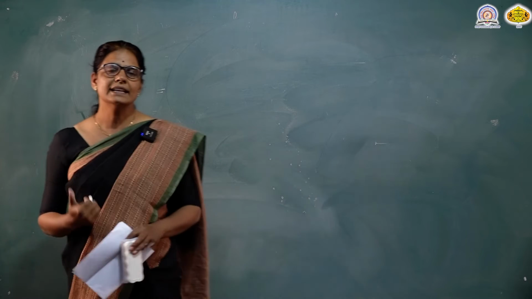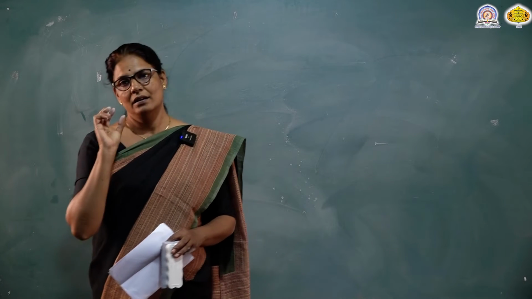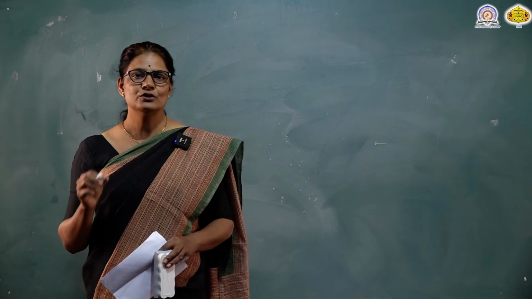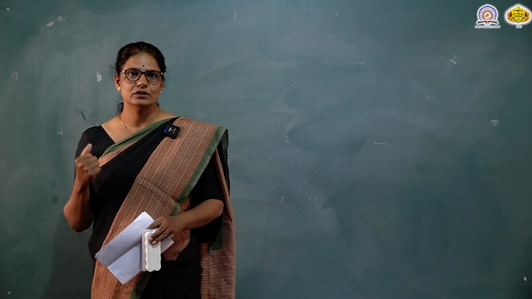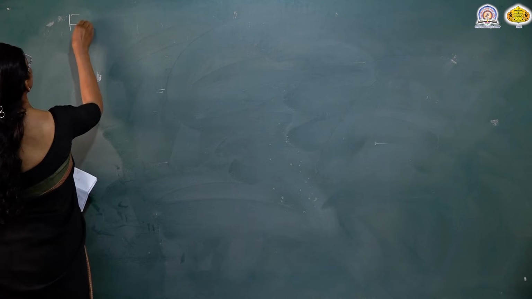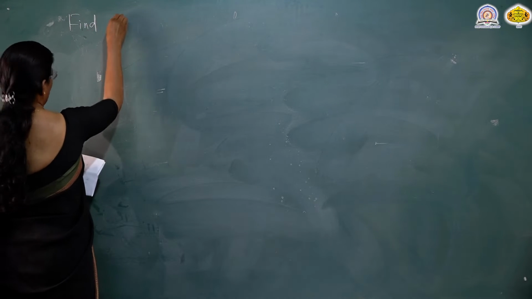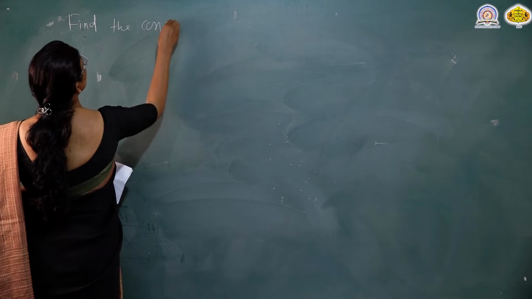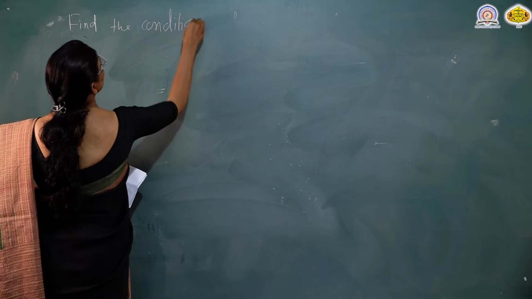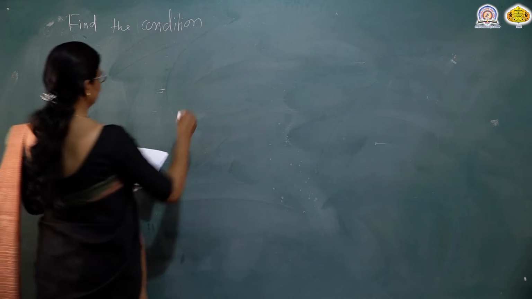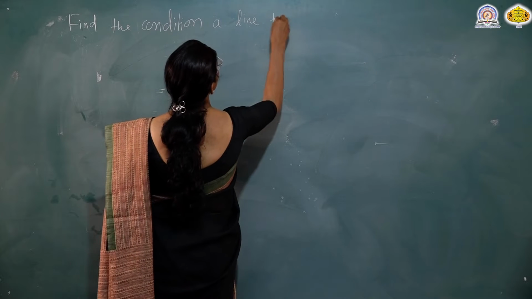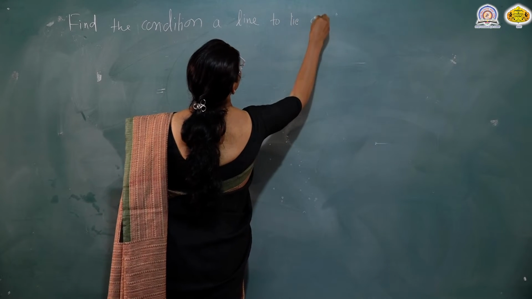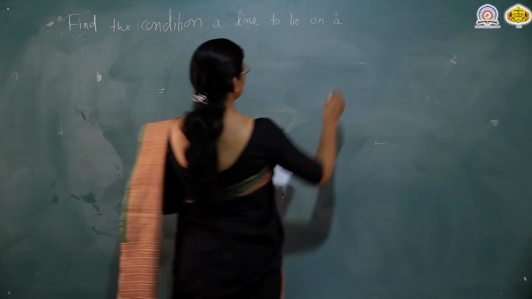Okay, our second condition is when we say that the line lies on the plane. So for that we should find a condition for the line to lie on the plane. So our question here is: find the condition for a line to lie on a plane.